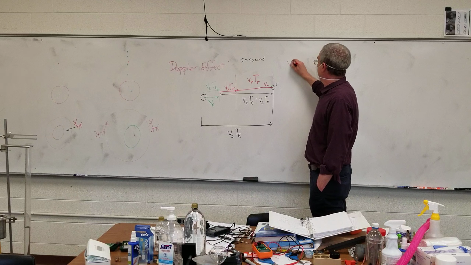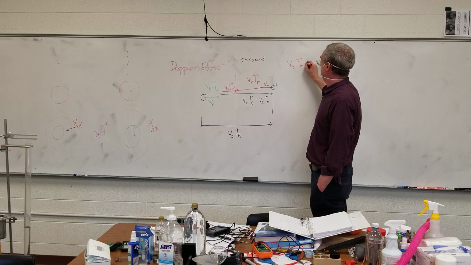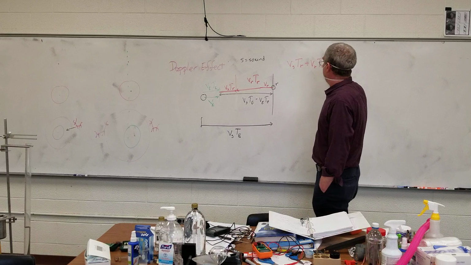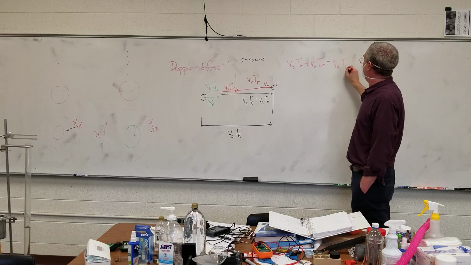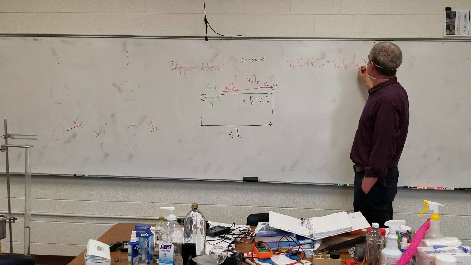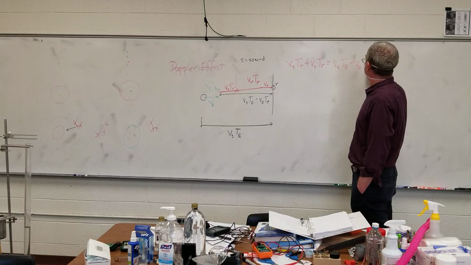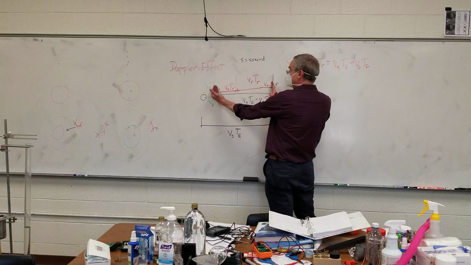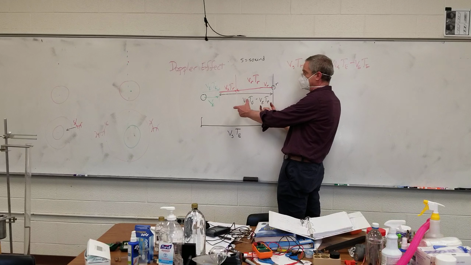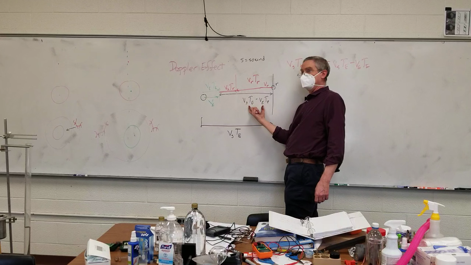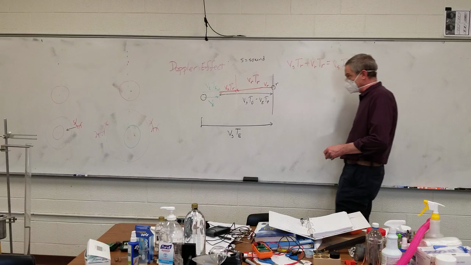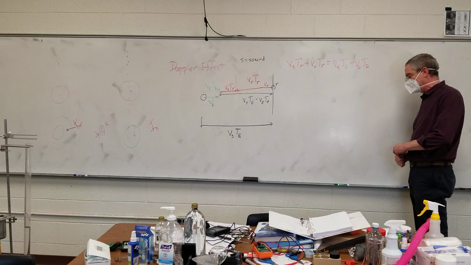So we have v_s t_r plus v_r t_r is equal to v_s t_e minus v_e t_e. The distance from here to here, we look at it two different ways: from the point of view of the time from the emitter's point of view, and from the point of view of the time of the receiver.